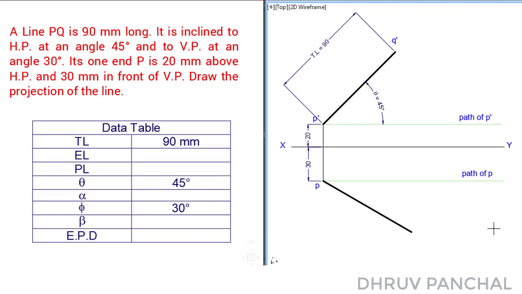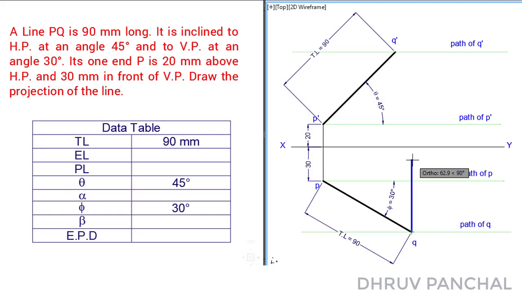From point P, draw inclined line of true length equal to 90 mm at an angle phi equal to 30 degree and locate point Q. With the help of ruler scale, draw path of Q' and path of Q parallel to line XY from point Q' and Q respectively.